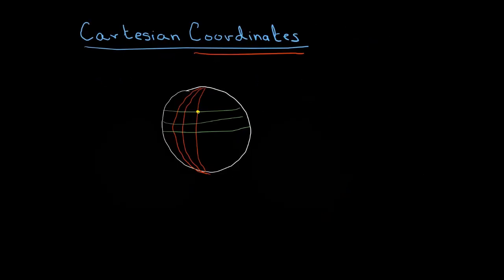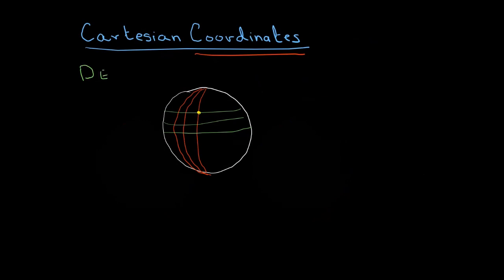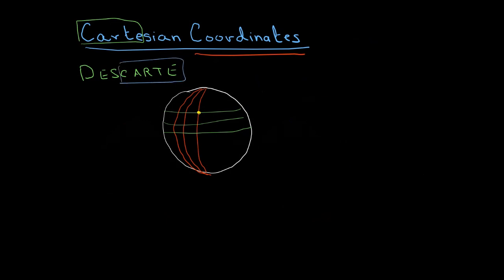Here's Descartes, and you can see there's a cart coming from Descartes. So this is the reason why it's called a Cartesian coordinate system.